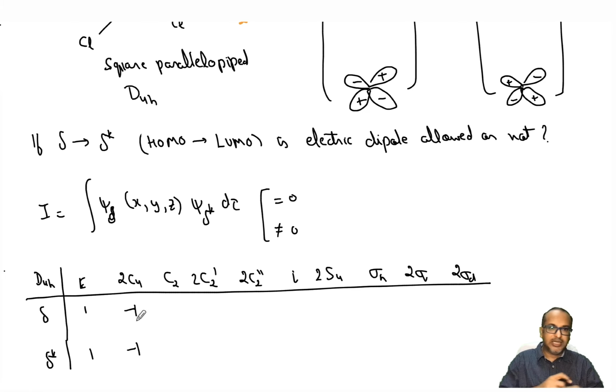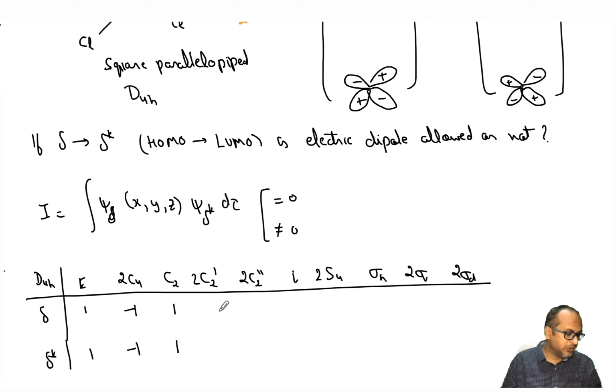Similarly, if you do a C2, it's a 180-degree rotation along the z axis, so positive goes to positive, negative goes to negative, and so on. So the C2 character is +1. In the same way, you can carry out all these and find out the characters.